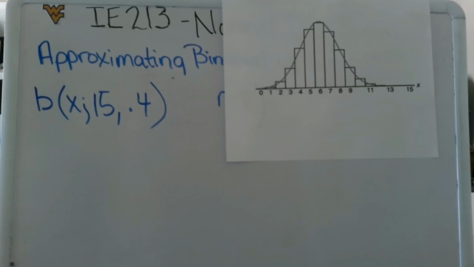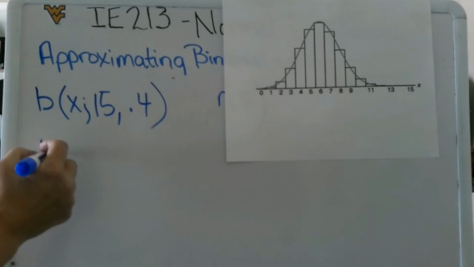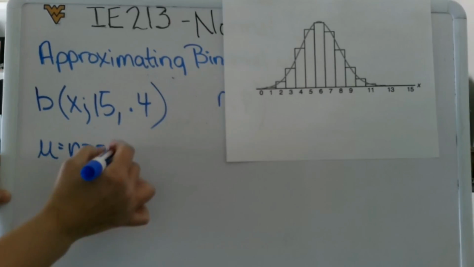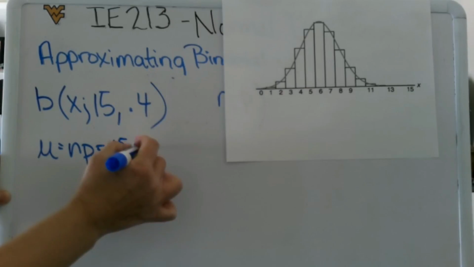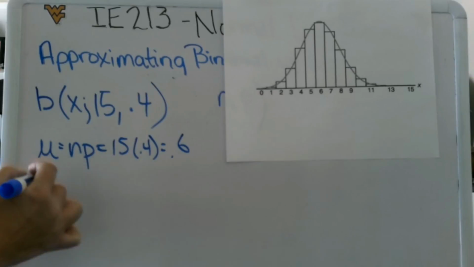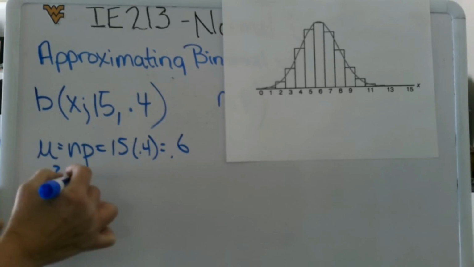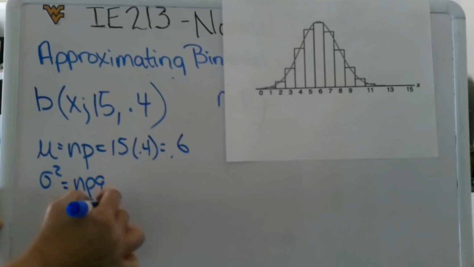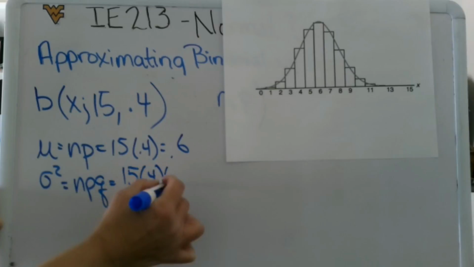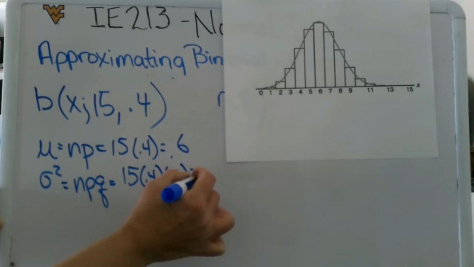So when we look at mu, mu is equal to np, which is 15 times 0.4, so this is equal to 6. And when we look at sigma squared, the variance, we have npq, so that's 15 times 0.4 times 0.6, which is equal to 3.6.